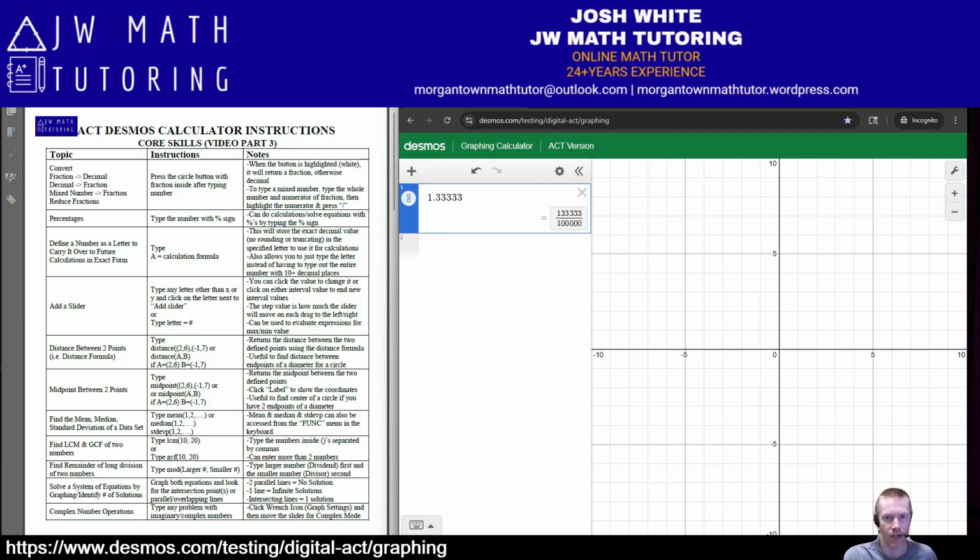What is that? 133,333 over 100,000. That's not what this number is supposed to be equivalent to. This is supposed to really be equal to 4/3. So notice what happens is, if you don't have enough decimal places for the repeating pattern, it's not going to recognize what the fraction is. Let me just unclick this.